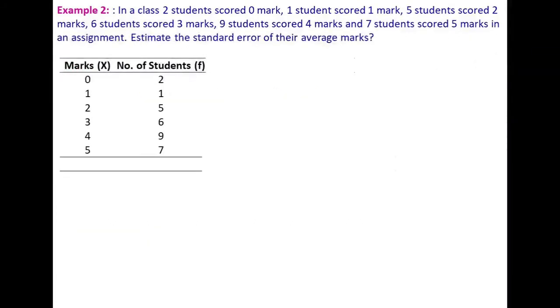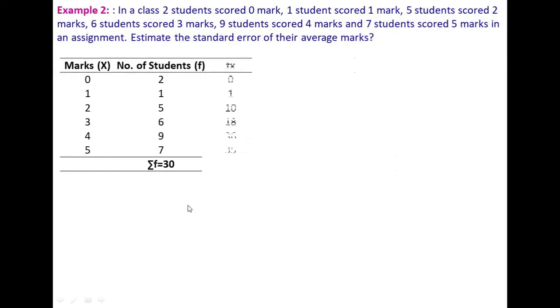Now let's take a second example, where in a class 2 students scored 0 marks, 1 student scored 1 mark, 5 students scored 2 marks, 6 students scored 3 marks, 9 students scored 4 marks, and 7 students scored 5 marks in an assignment. We have to estimate the standard error of their average marks. First of all, we should know the value of summation f by adding all these values, and that is 30 over here.